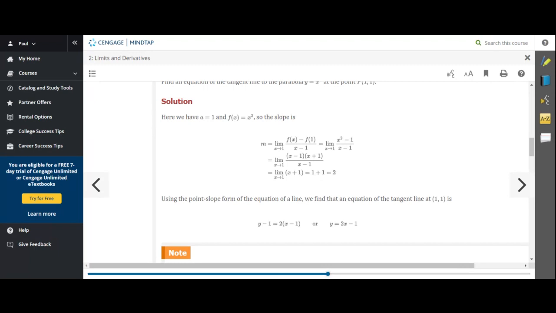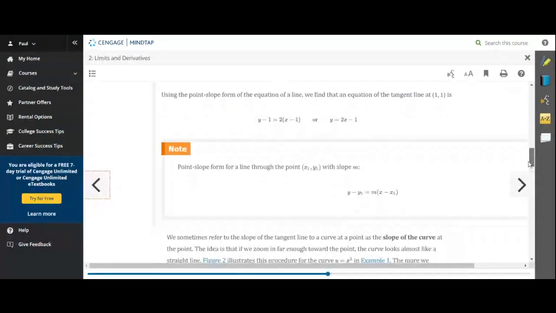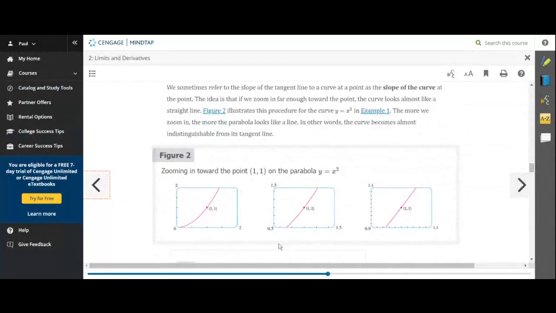All right, well, so then what they do here is they show the graph of the parabola. They show the graph of the parabola in figure 2, and they zoom in on it. Okay, so if you look at the point 1, 1, and you adjust your window, you see, like in the first graph in figure 2, the x goes from 0 to 2.